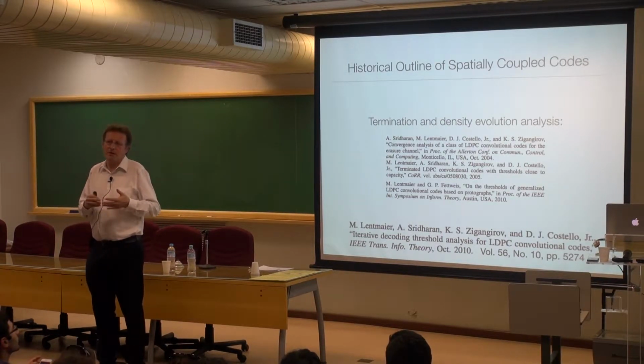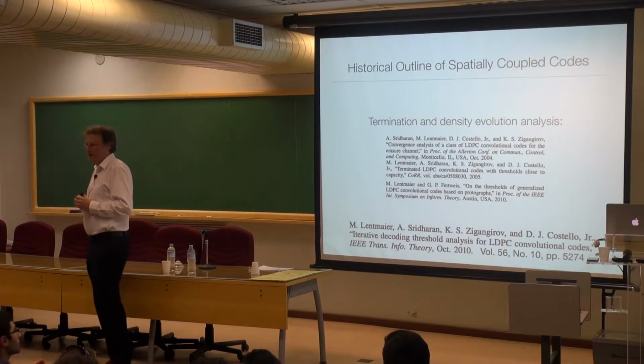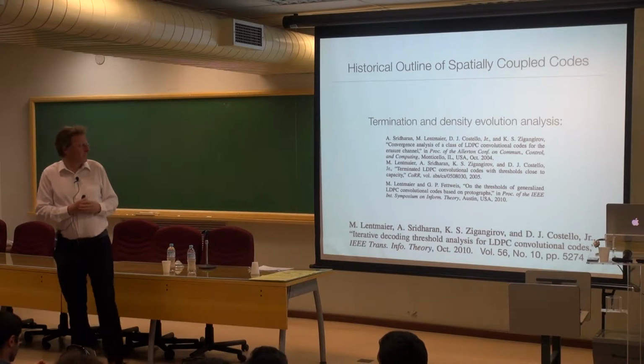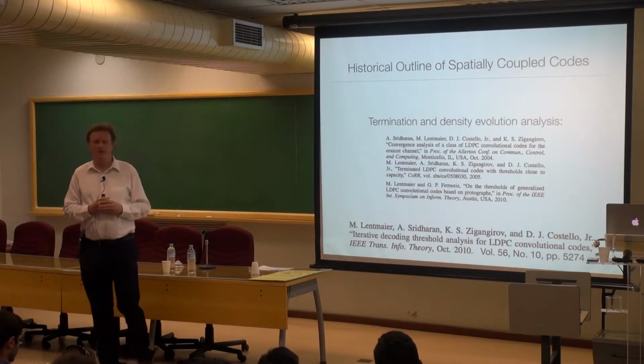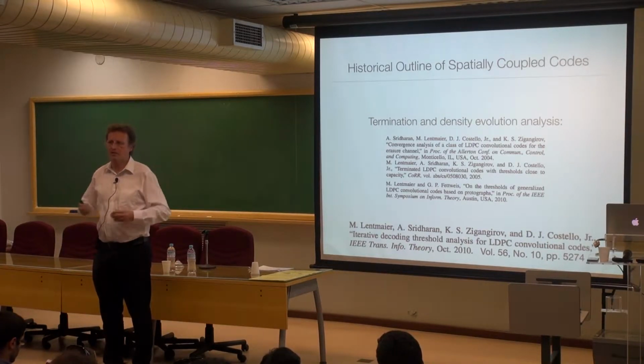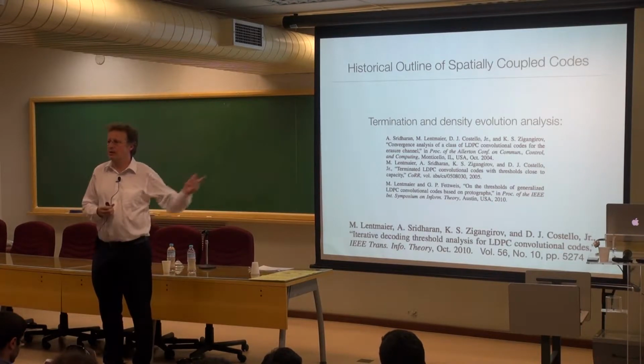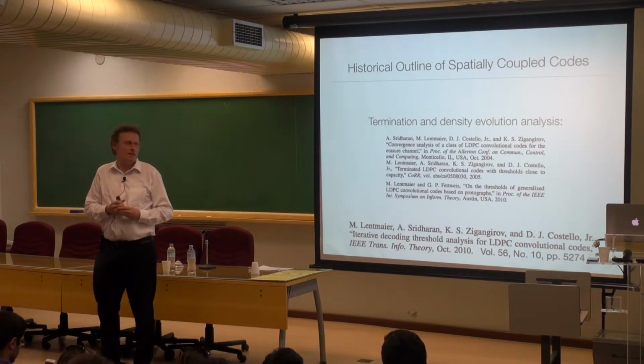And number two, they first terminated them in some way, and they simulated these codes, and they saw that these codes actually work quite well. And so what they then did is to run density evolution to figure out thresholds. Okay, and so these were quite good thresholds, and some of these thresholds you see here.